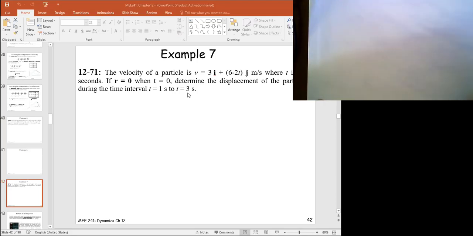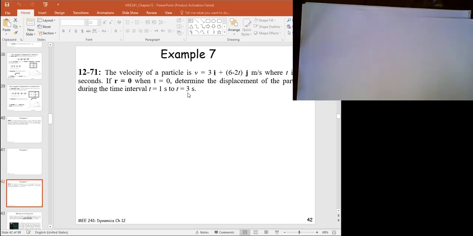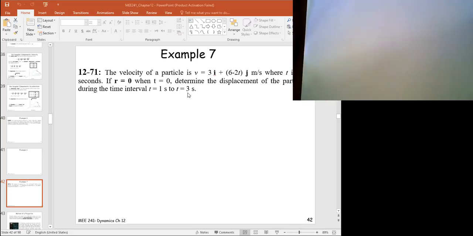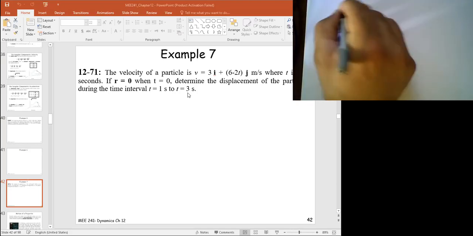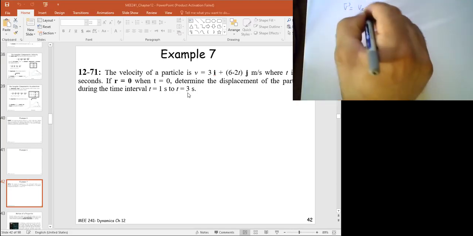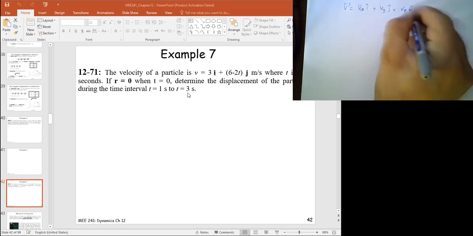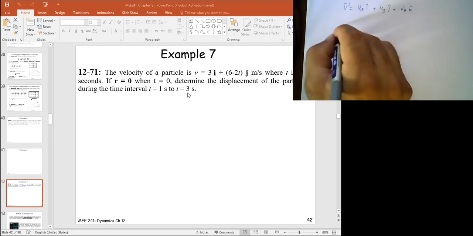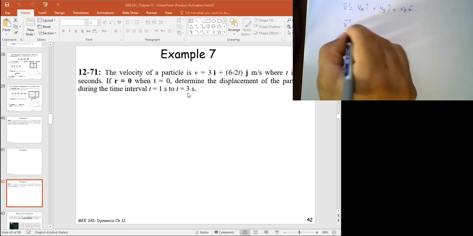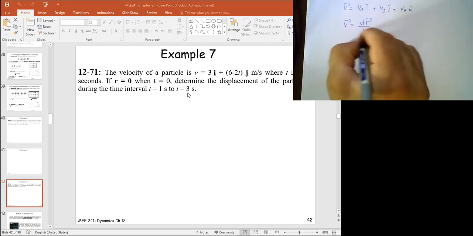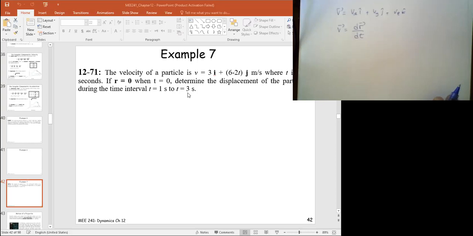Okay, let me just do this one more time to clarify this for you guys. So if I have some velocity vector, you have vx i plus vy j plus vz k. I know that the velocity is equal to dr over dt, as a first principle.